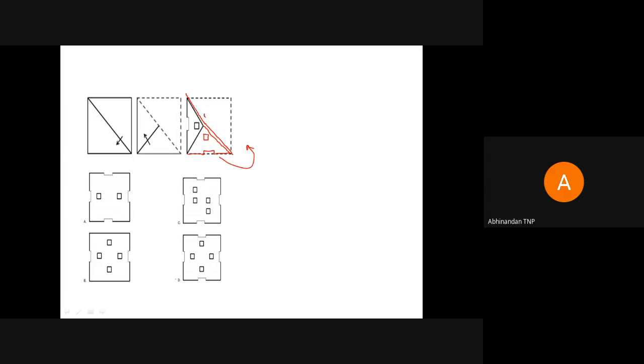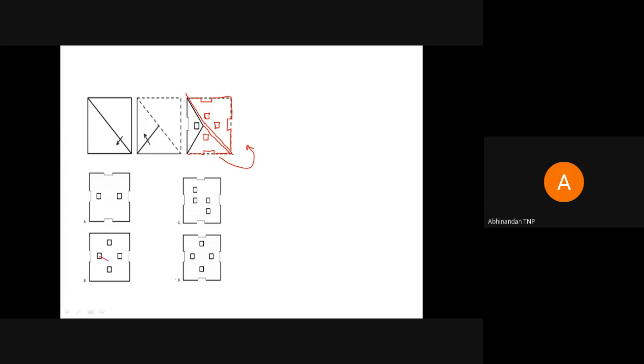Okay, so this is what the square is, and this is the small patch. So 4 patches are there and 4 squares are there.